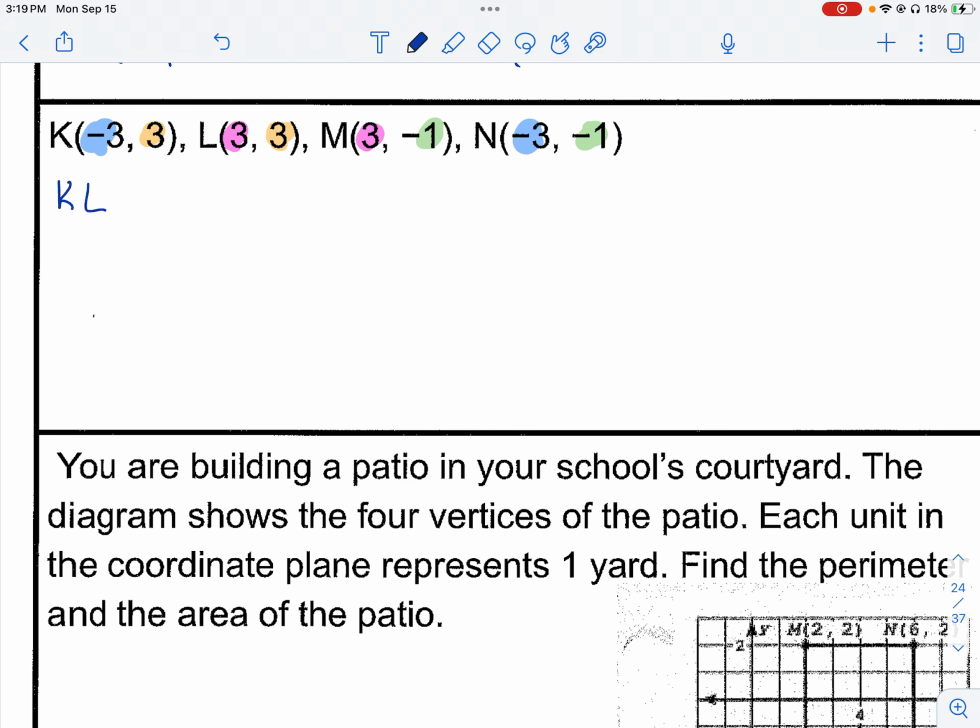Let's find out which. So KL, which is 3 minus a minus 3, absolute value. And then we're going to have LM, which is -1 minus 3, absolute value of -4.